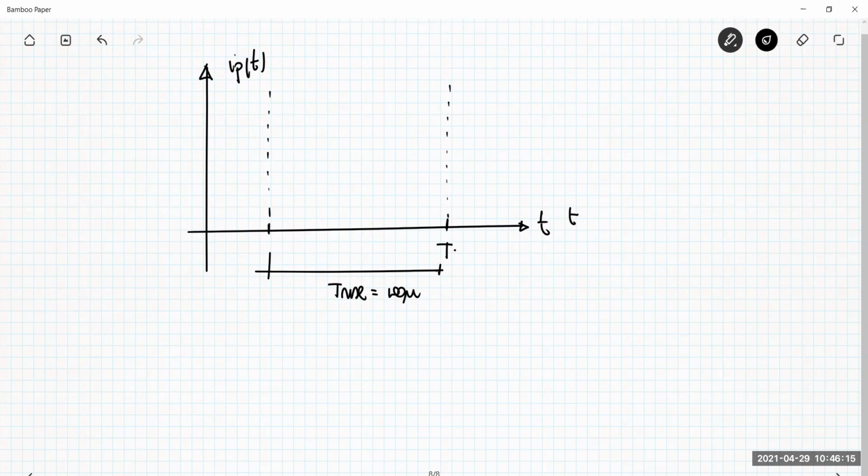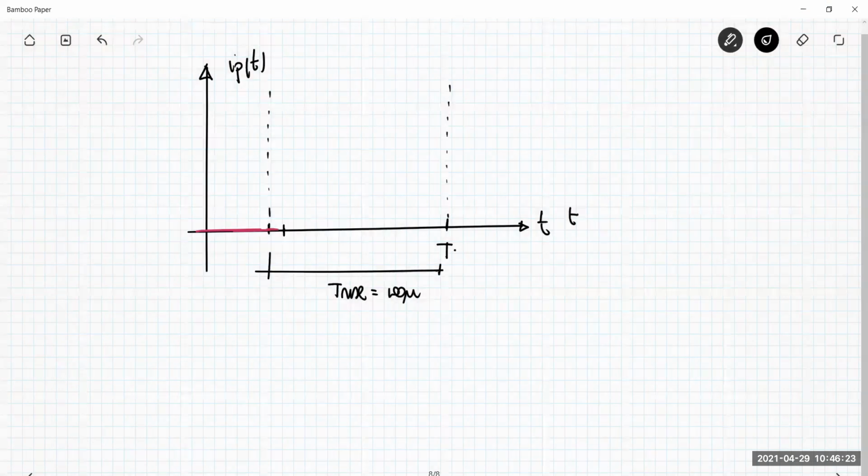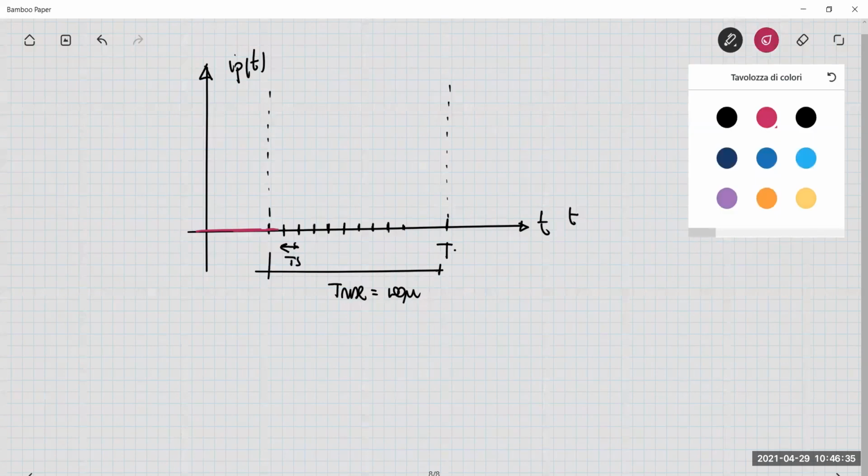The current is null before this part, then we have, remember, 20 of these intervals. Each of these intervals is TS, switching, and the current goes exactly as I showed you before.